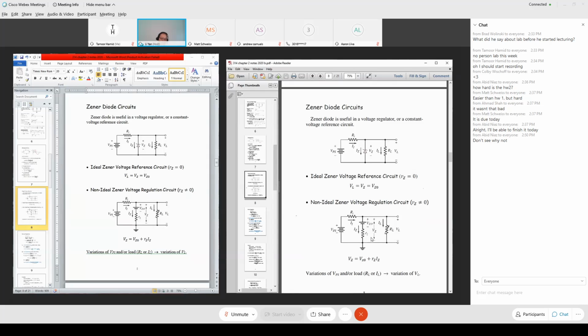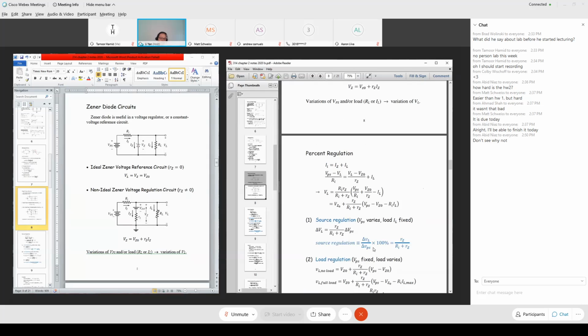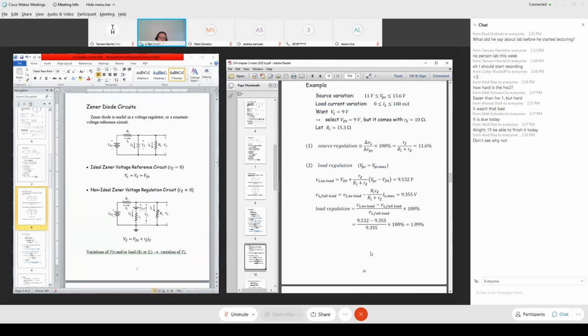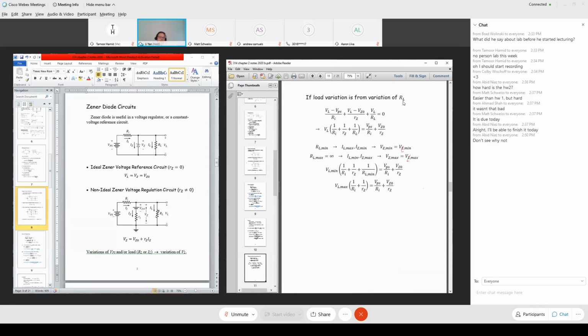So variation of the power supply voltage or load; the load variation could come from load current or load resistance. The next page describes what if the load variation is from the variation of the load resistance.